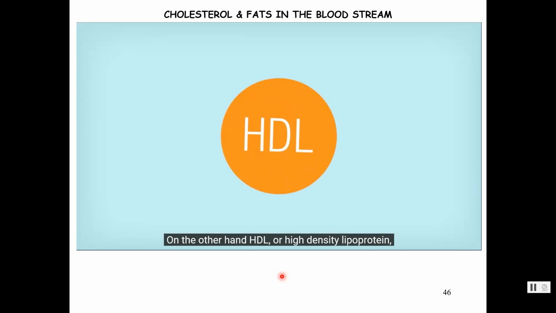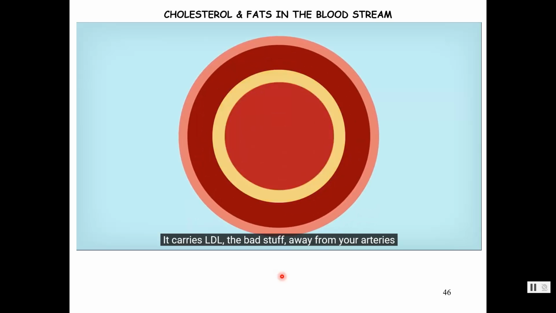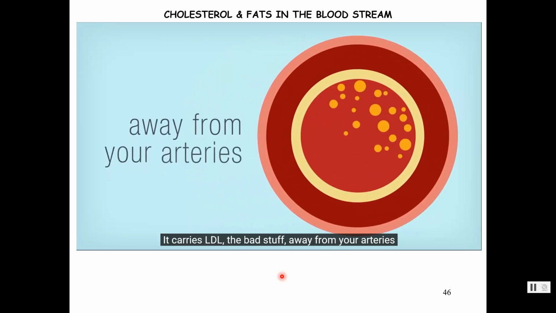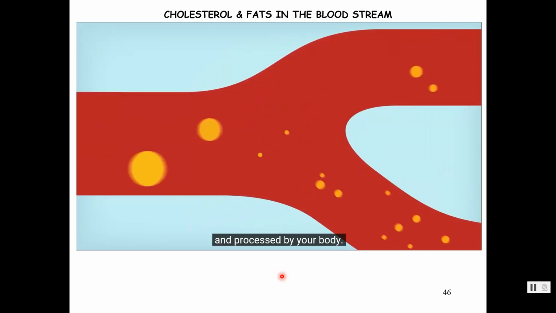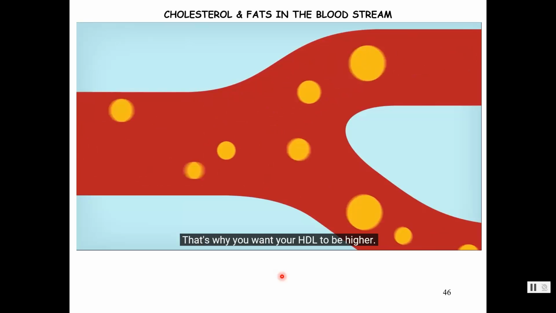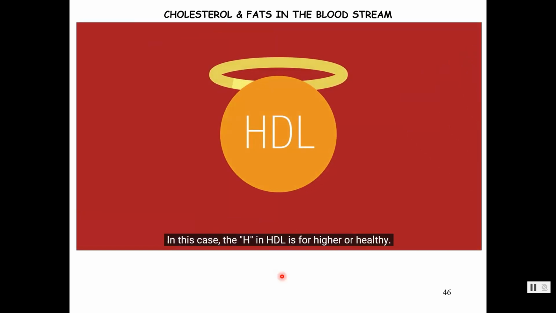On the other hand, HDL, or high-density lipoprotein, is the good kind of cholesterol. It carries LDL, the bad stuff, away from your arteries and back to your liver, where it's broken down and processed by your body. That's why you want your HDL to be higher. In this case, the H in HDL is for higher or healthy.